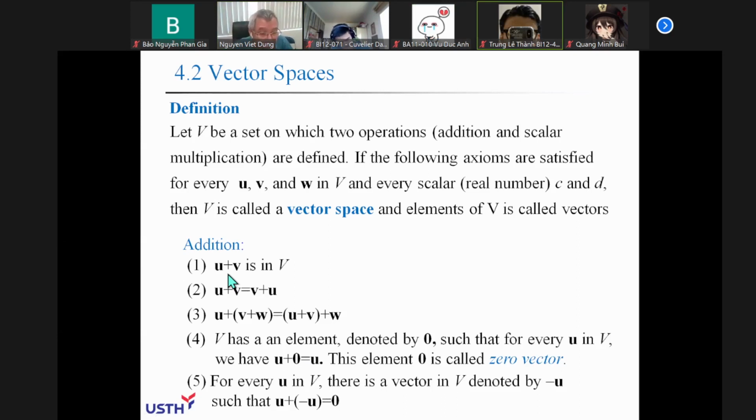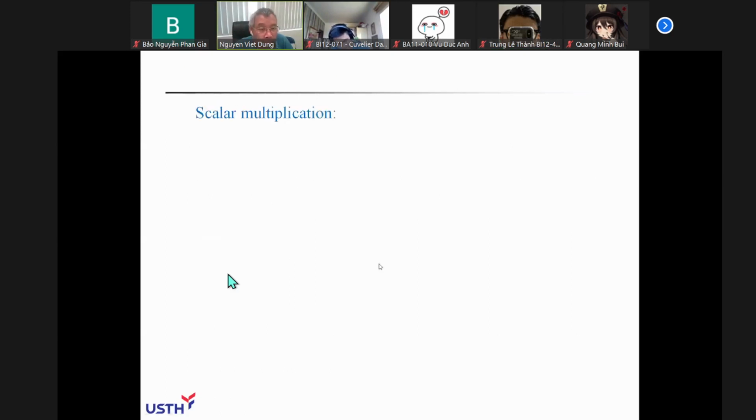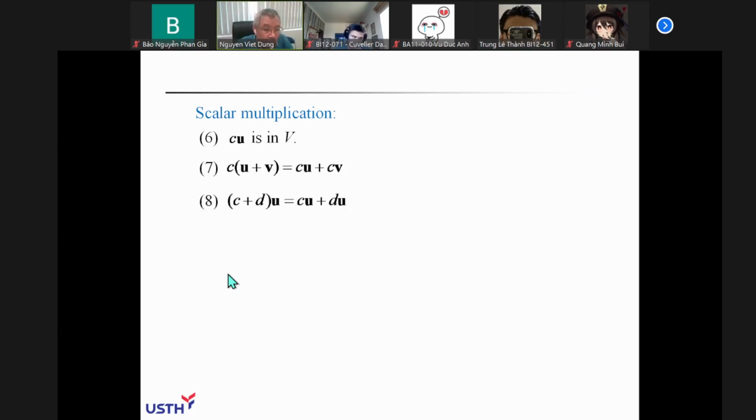Next are 5 properties concerning the other operation, called scalar multiplication. Number 6 says that the scalar multiplication of any vector U and any scalar C is again an element inside V. Number 7 and number 8 are about the distributivity property.